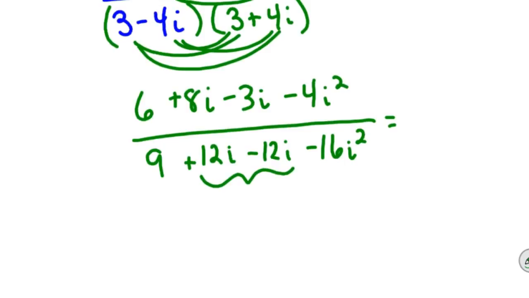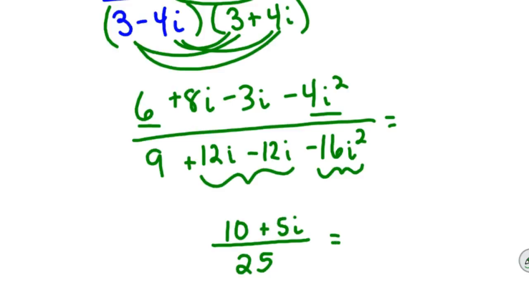And this becomes, because i squared is negative 1, a positive 16. So 9 plus 16, so on the bottom we have a 25. On the top, 6 and negative 4i squared would be 6 plus 4, which would be 10. And 8i minus 3i is plus 5i.